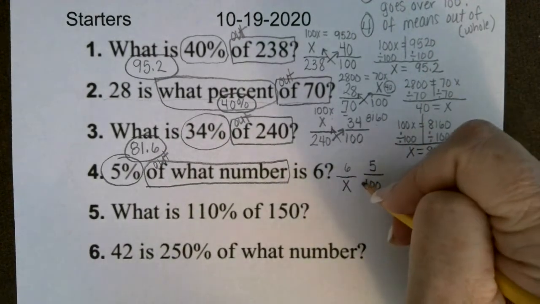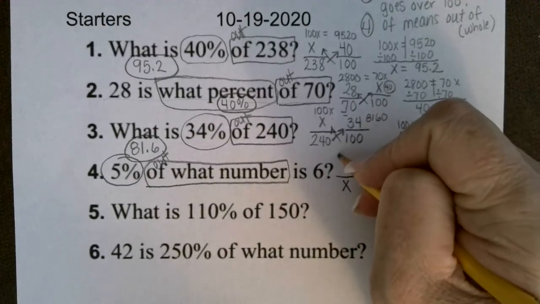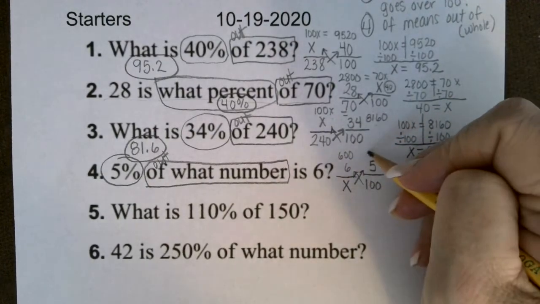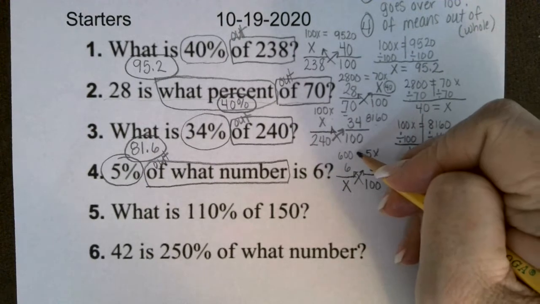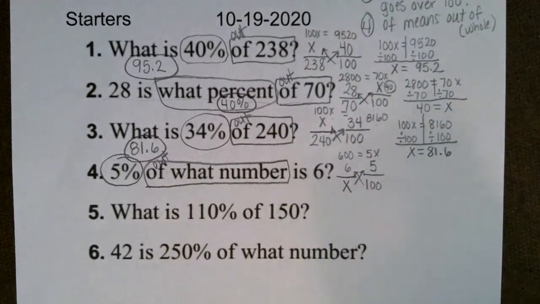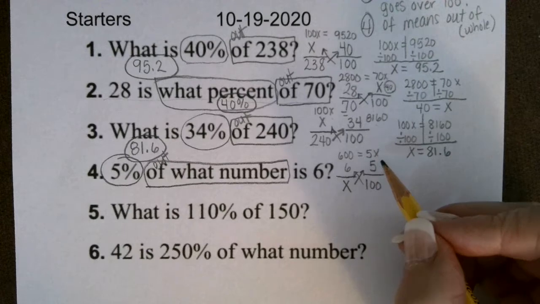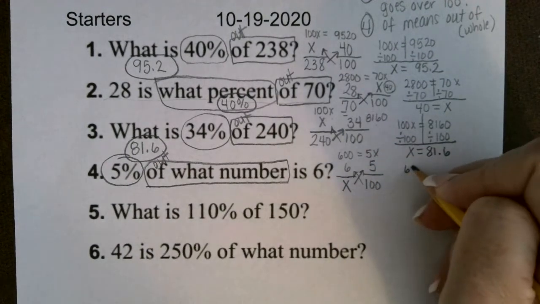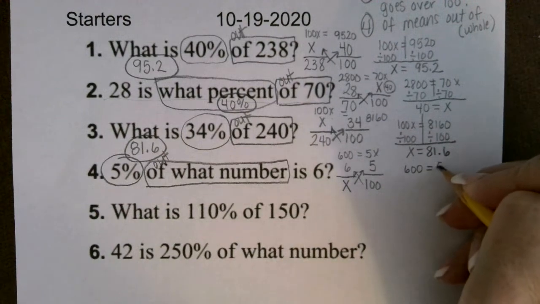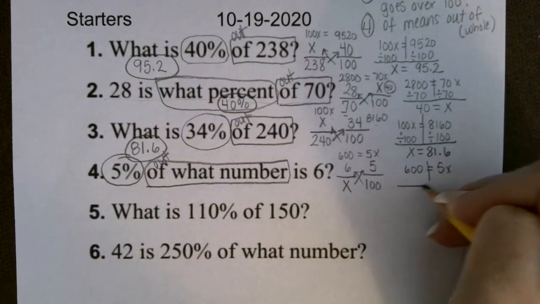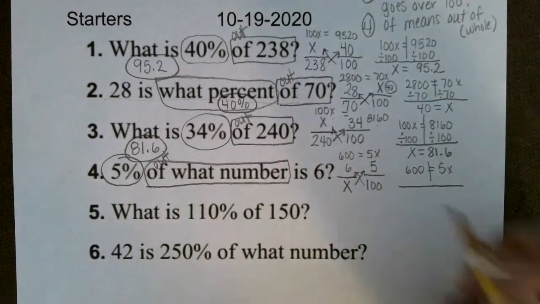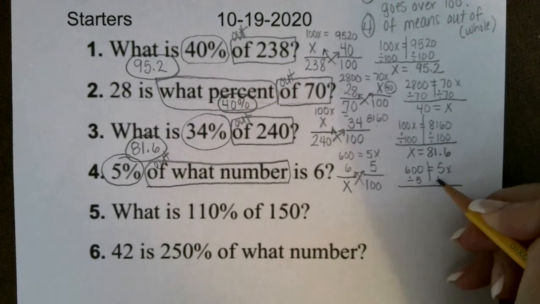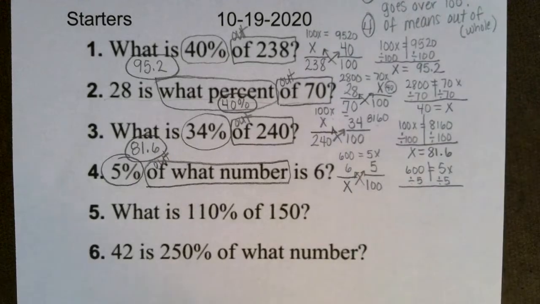So then I do 6 times 100 is 600. And 5 times x is 5x. Those two things have to be equal. If you don't know 5 times some number to give you 600, you set up your equation. We split it. We're going to divide by 5 on both sides of that equation.